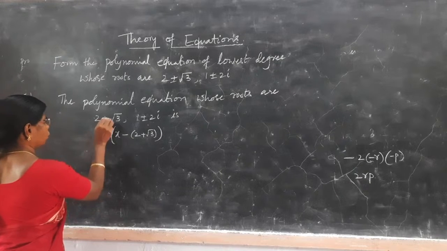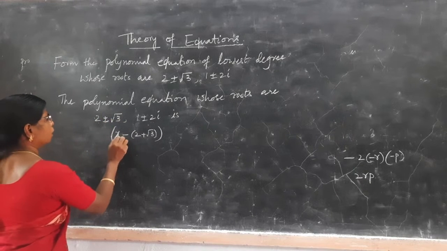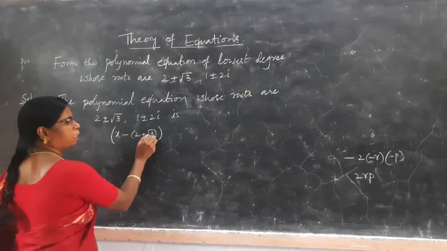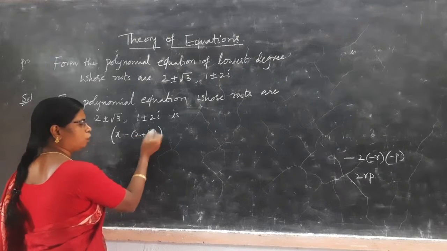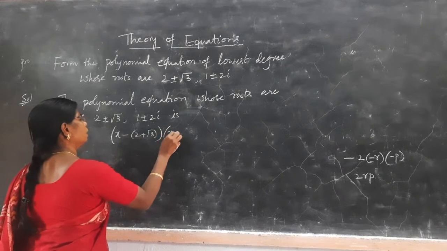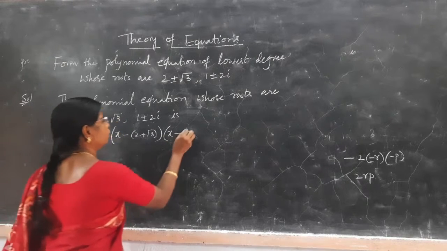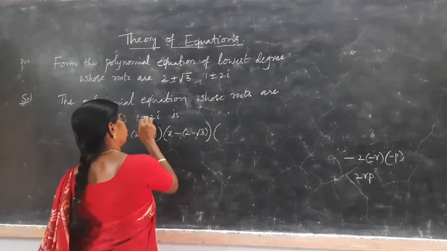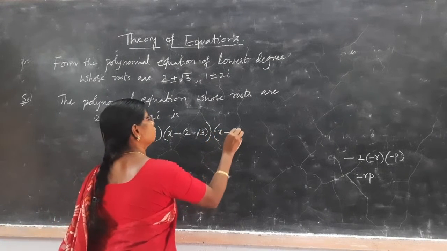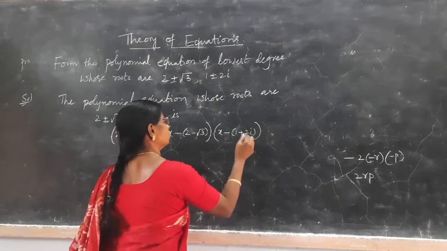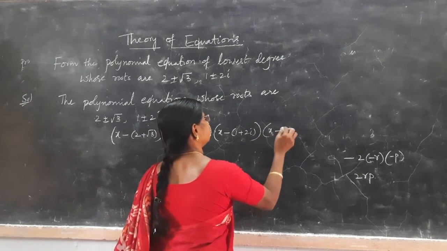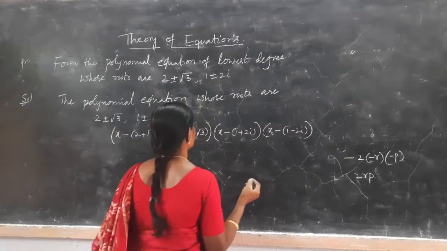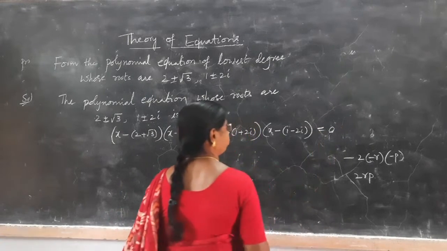Since 2 plus root 3 is a root, x minus (2 plus root 3) is a factor. If a is a root, x minus a is a factor. It is one factor of the polynomial. Again x minus (2 minus root 3), since it is also a root, is also a factor. Similarly, for 1 plus 2i, x minus (1 plus 2i), and next x minus (1 minus 2i).